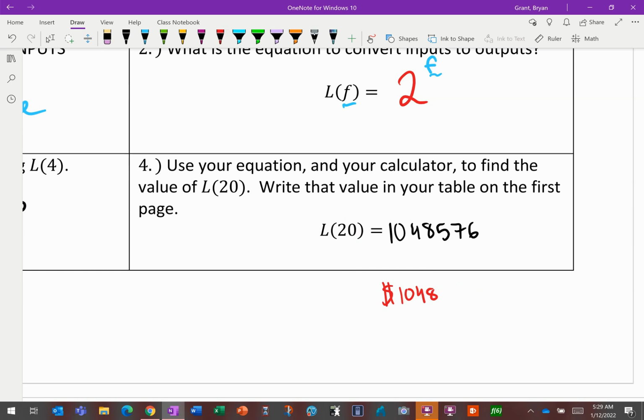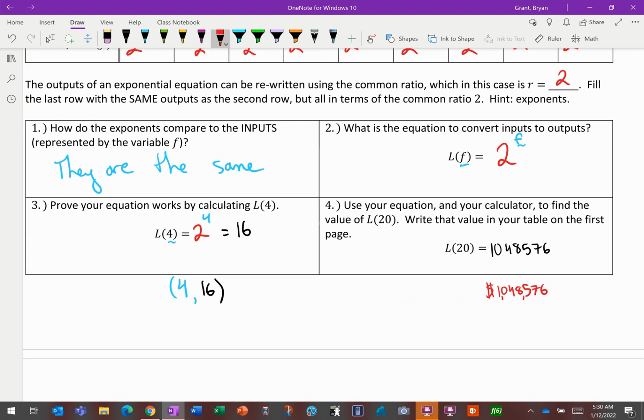Actually, I think the decimal's even wrong there. I think we end up with this much money, which is quite a lot of money. You're already making $1 million on the 20th day. So my guess is at some point your parents will catch on and say, yeah, we're probably not going to do that anymore, but let it ride as long as you can, right? We're applying some math in the real world here.